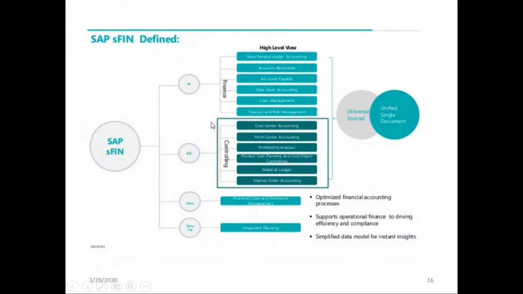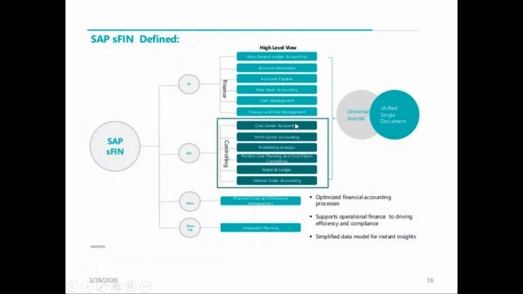At the high level, finance includes new general ledger accounting, accounts receivable, accounts payable, new asset accounting, cash management, treasury and risk management. So here two things are added: cash management and treasury and risk management. Before, these two were different modules. Now these two are added to the finance module.